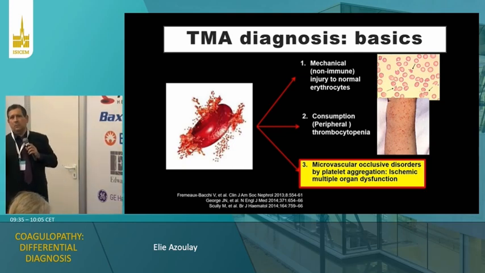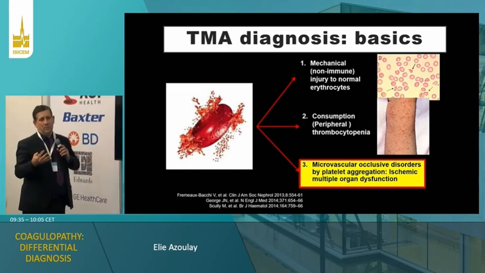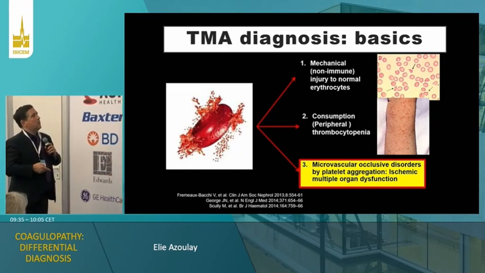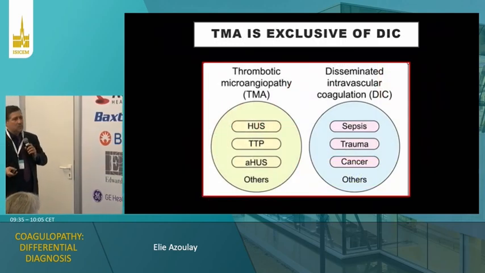So, for example, if you live in Italy, there are maybe 250 cases per year of acquired TTP. Or if you have an HUS, a hemolytic and uremic syndrome.